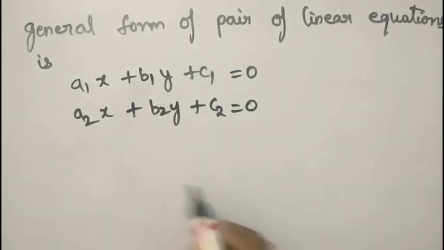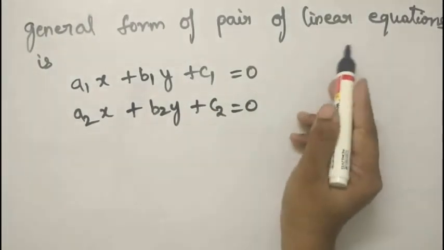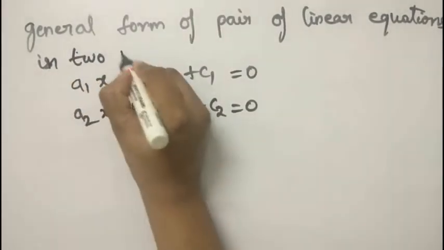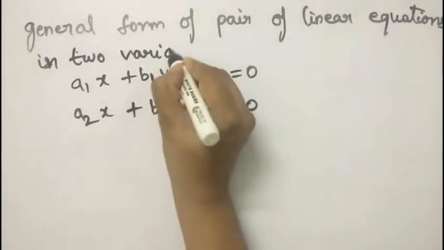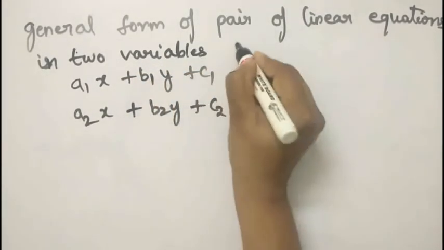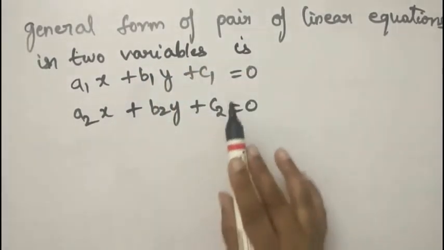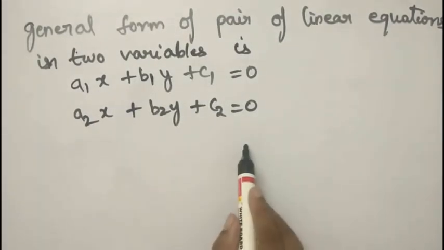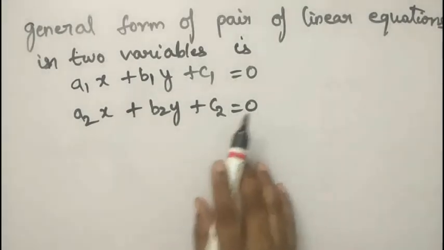So, these are a pair of linear equations in two variables. This is the general form of linear equations.